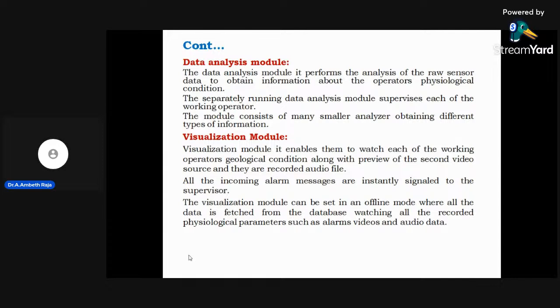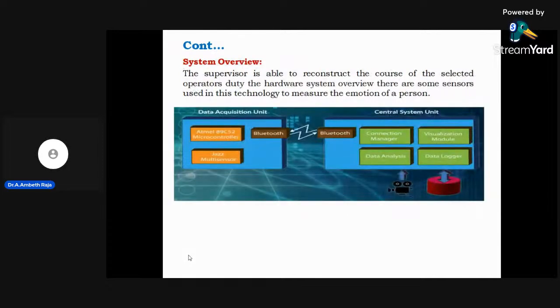All incoming alarm messages are instantly signaled to the supervisor. The visualization module can be set into an offline mode where all the data is fetched from the database, showing all the recorded psychological parameters such as alarms, video, and audio data.